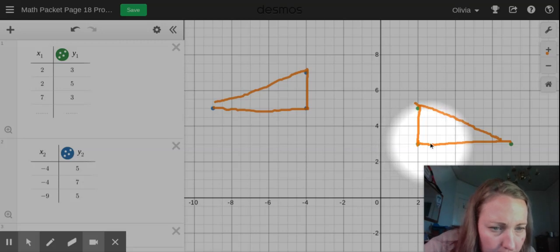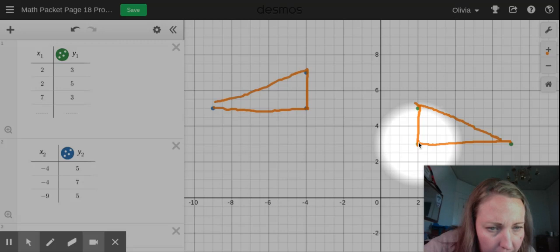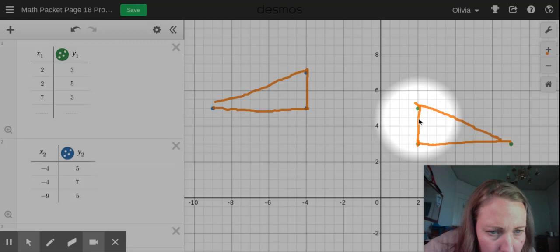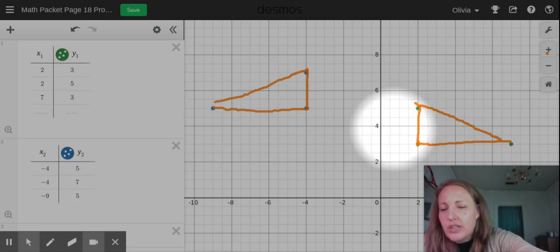1, 2, 3, 4, 5, 6, 7, 8, 9, 10. Okay, 10, and then the height of this triangle: 1, 2, 3, 4. 10 times 4. That is 40 square units, right?